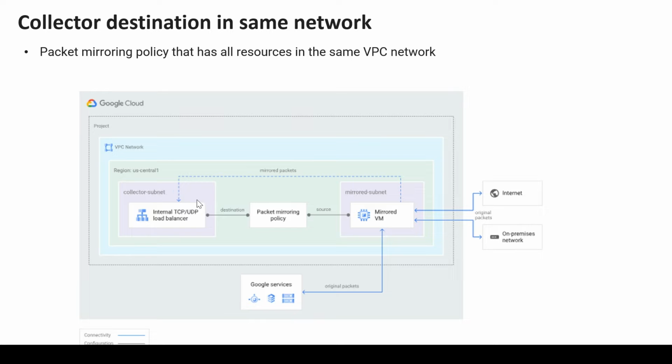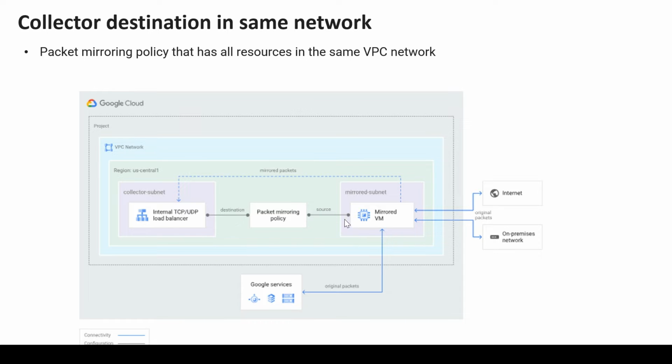It could be in the same subnet or another subnet, but it has to be in the same VPC network. Behind this load balancer, I have the collector instance group. Whatever traffic you capture on this mirror VM will be sent to your load balancer, and the load balancer will forward the traffic to your collector VM instance, right?